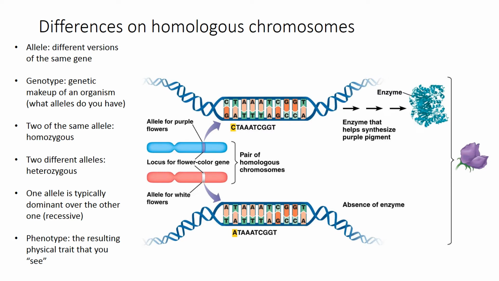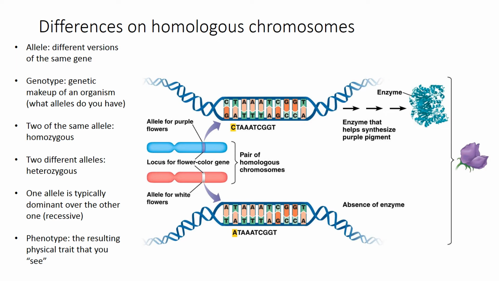Sometimes it probably resulted from that originally, but it's really not going to affect the plant other than if you've got this copy, it's going to give you purple flowers. If you've got this copy, it's going to give you white flowers. That's indicated by what they've told us here. So they've got different flavors of that gene. It's not going to hurt the plant, just going to give it a different trait.